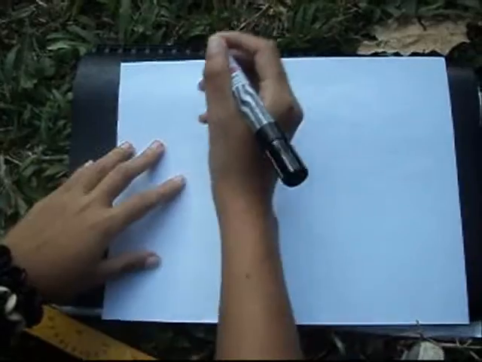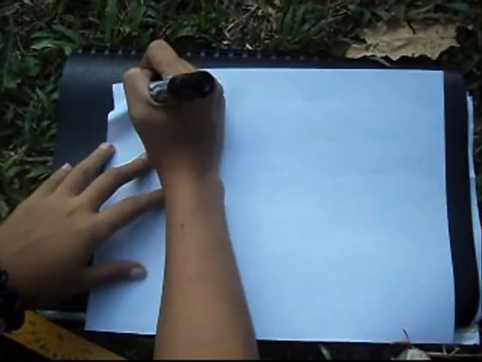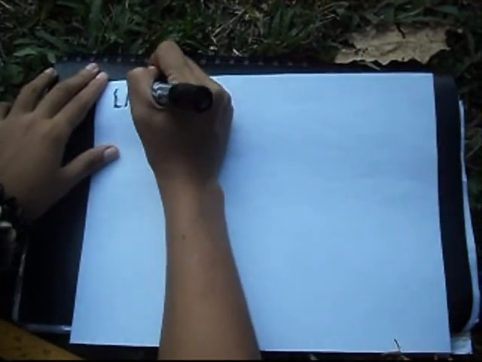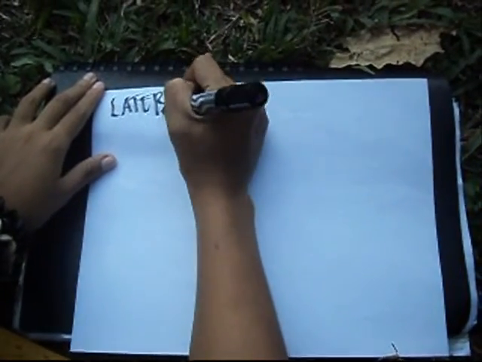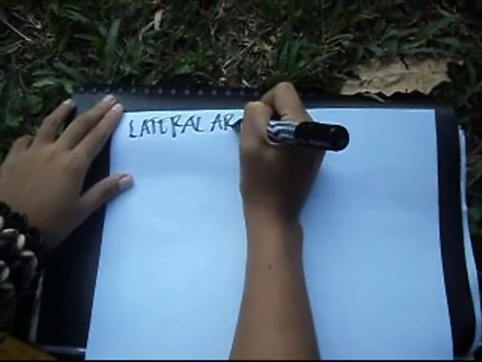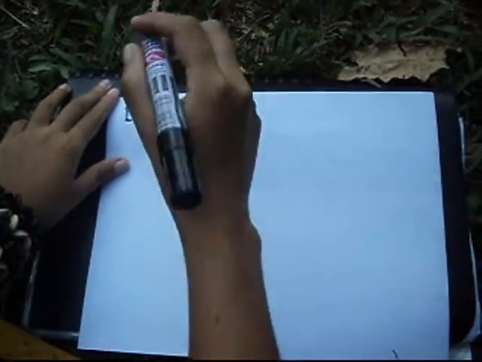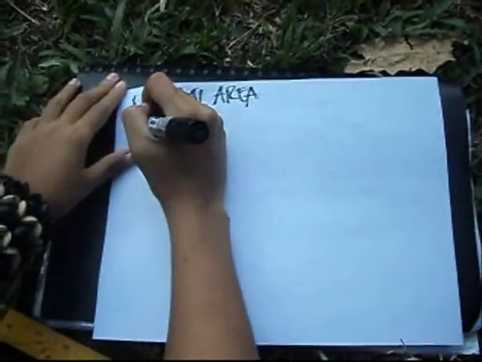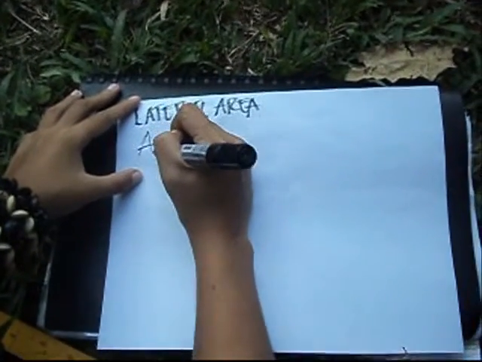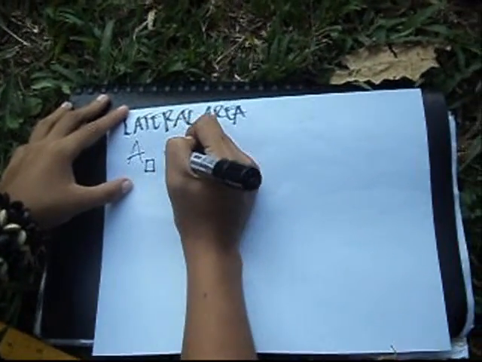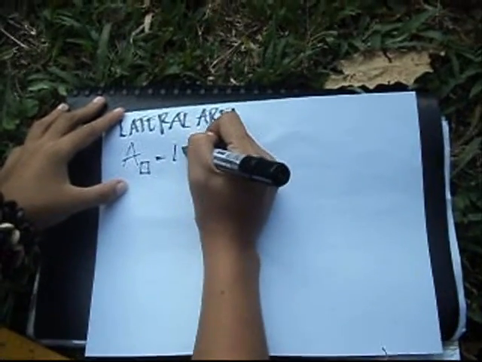And first, in finding our lateral area, we will use the traditional formula, which is the area of a rectangle is equal to length times width.